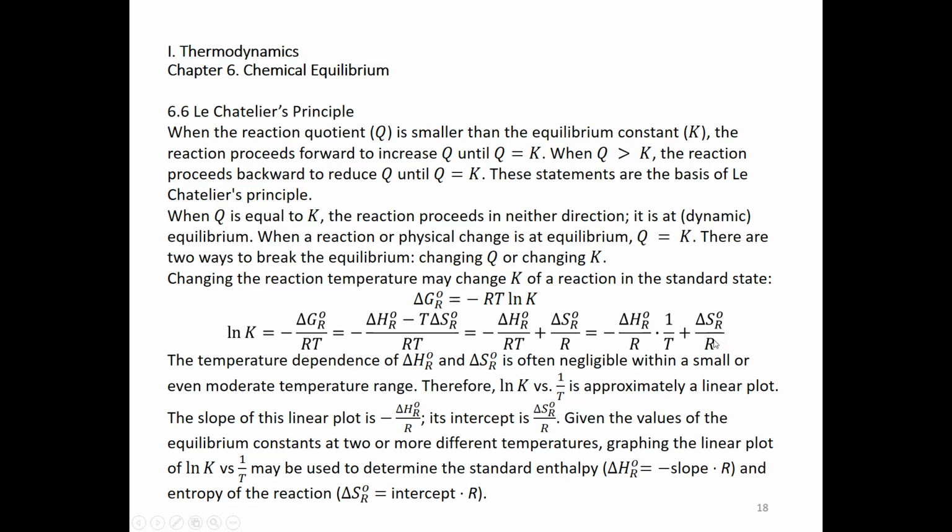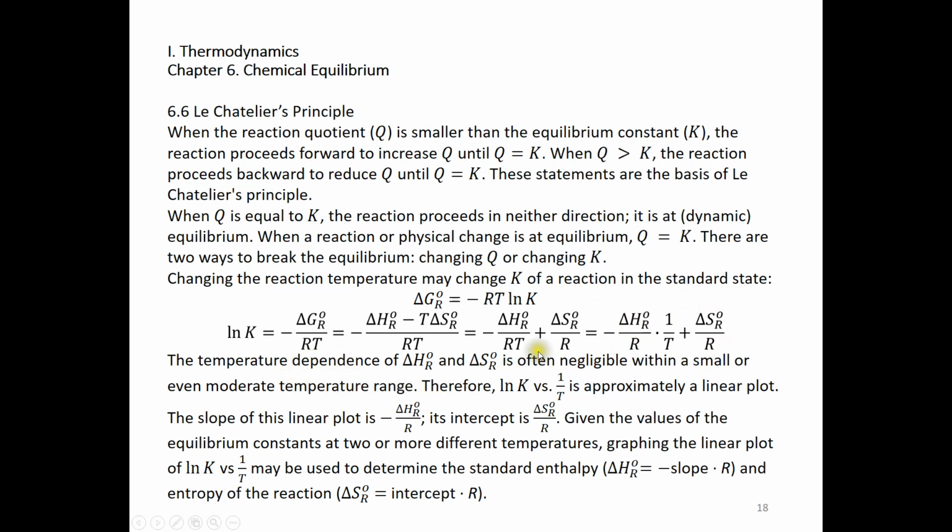This is considered a linear equation. And why is that? The natural logarithm of K, this is your Y, 1 over T, that's your X. And over here, negative standard enthalpy of reaction over R, the whole thing is the slope. And over here, ΔS over R, that's the intercept.